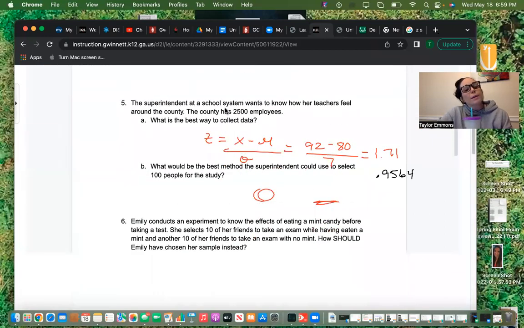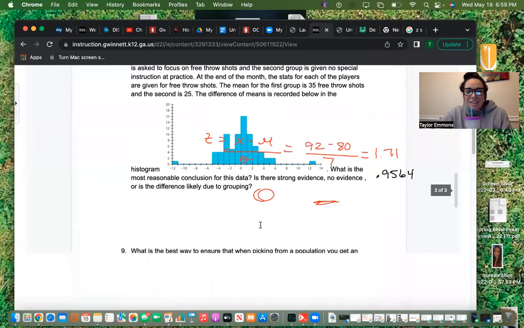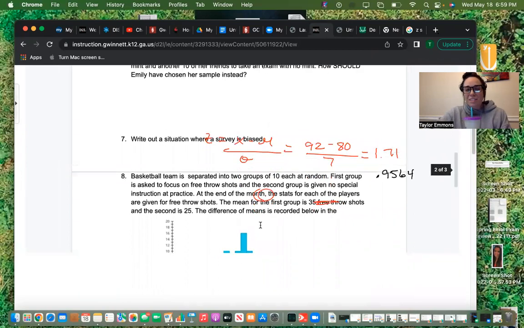I don't think you're going to be asked any questions like number 5 or number 6, but I asked those questions just in case on this final exam review. I don't think you're going to be asked that because the AKS says 23 and 24, which is just over the normal curve and empirical rule.